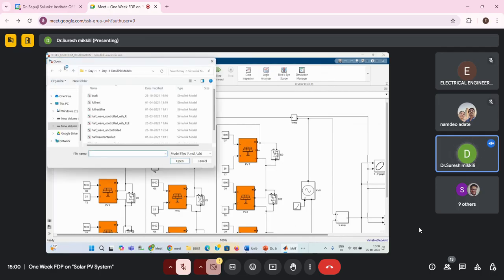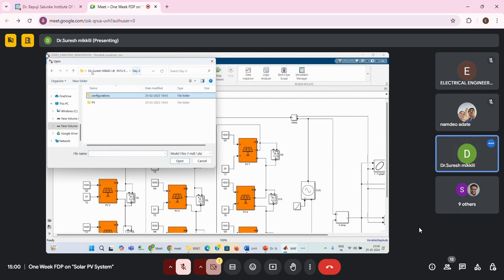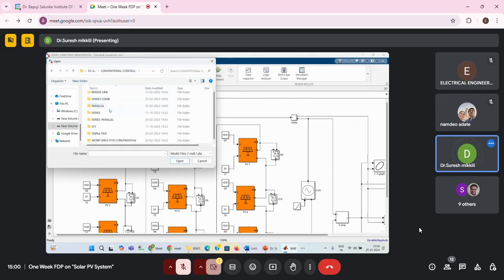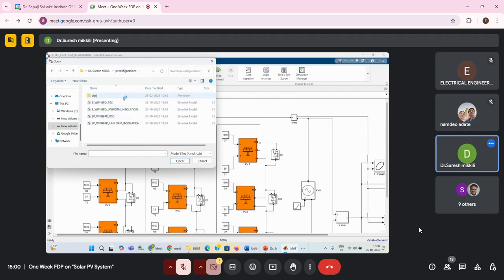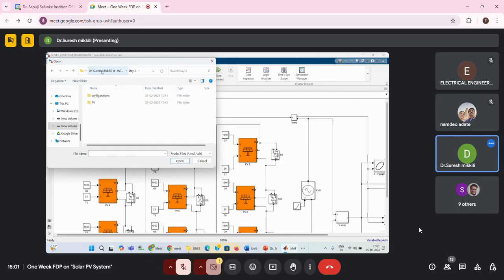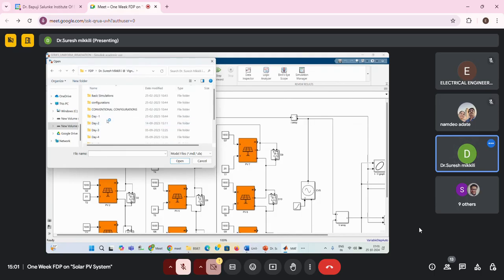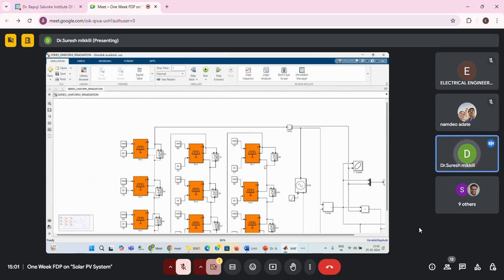One second. Otherwise I open one more. Okay, this one, can you see?